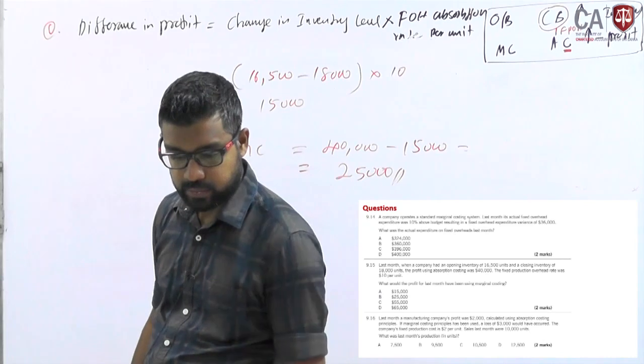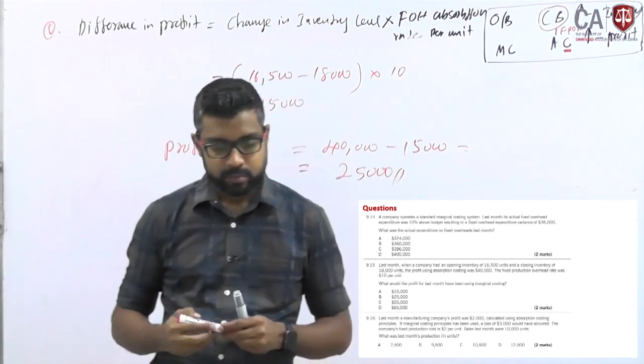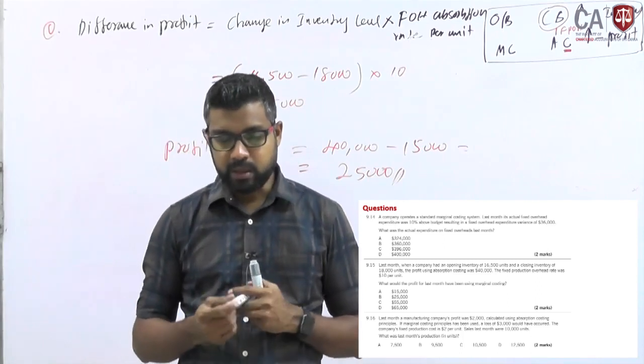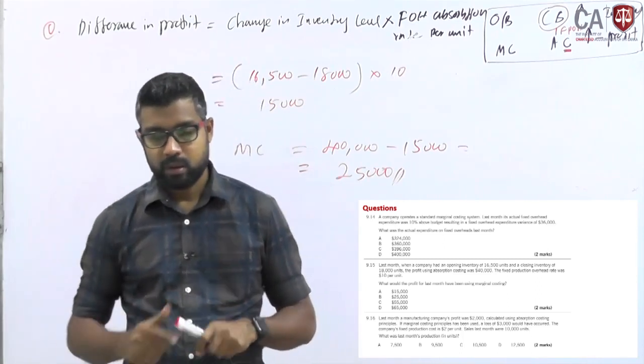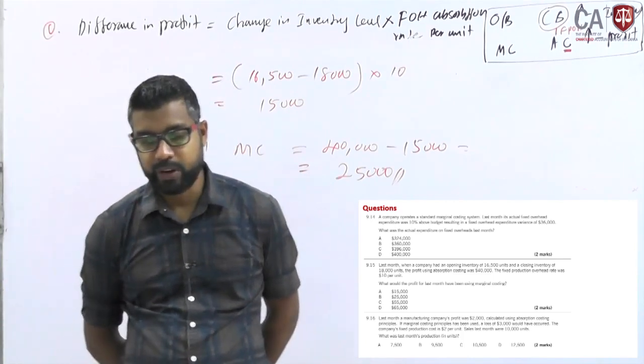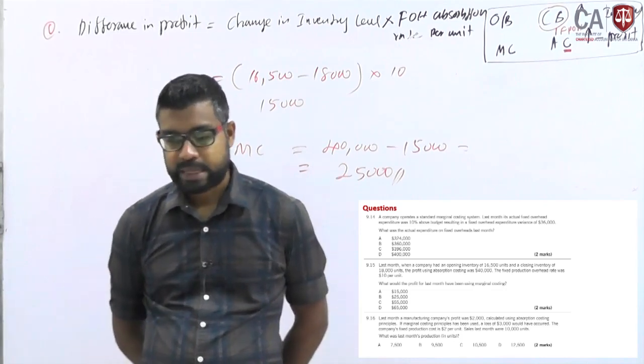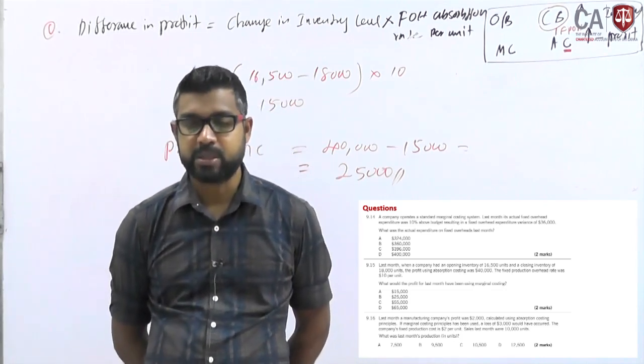There are two more questions. Question number 16. Last month a manufacturing company's profit was $2,000, calculated using absorption costing principles.